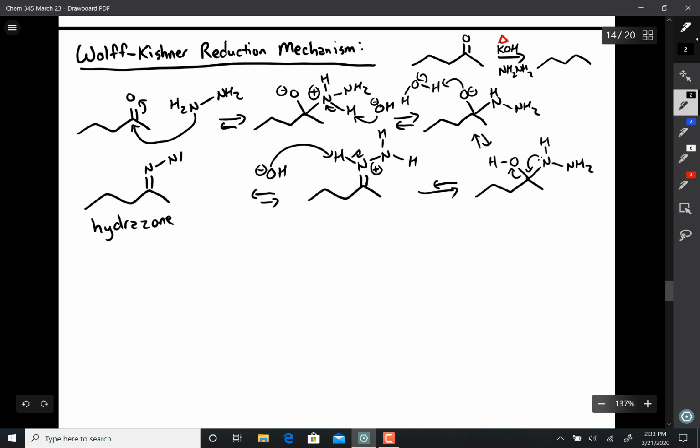Now is where it gets weird. Another unfavorable step, we use the base to deprotonate one of those nitrogens.